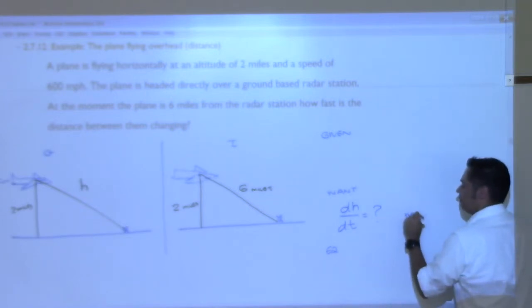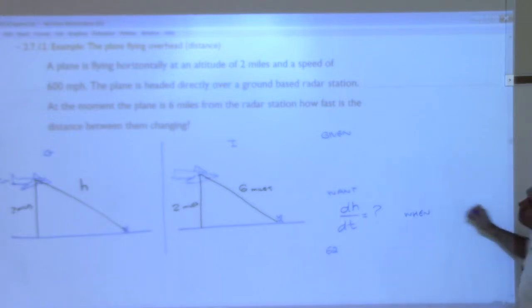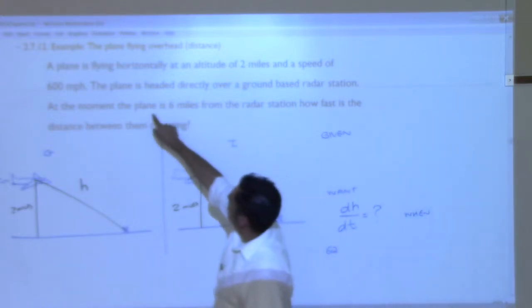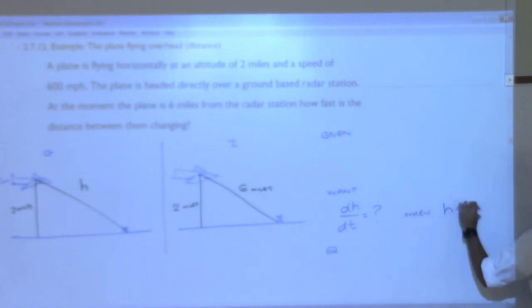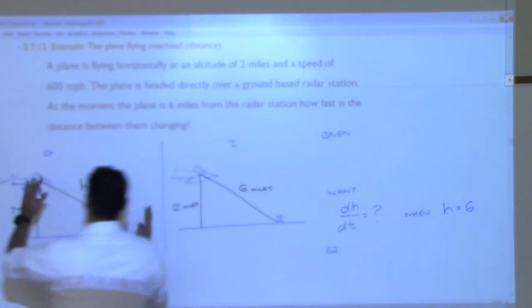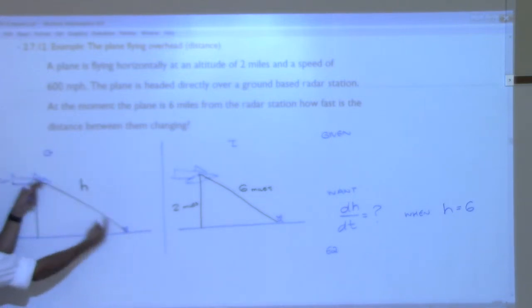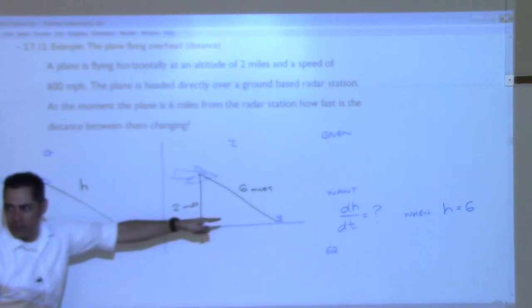When do you want that? At the moment when h is 6 miles, right? I want to know how fast that h is changing, right? Back in this picture, how fast is this h changing at exactly the moment that it's 6?